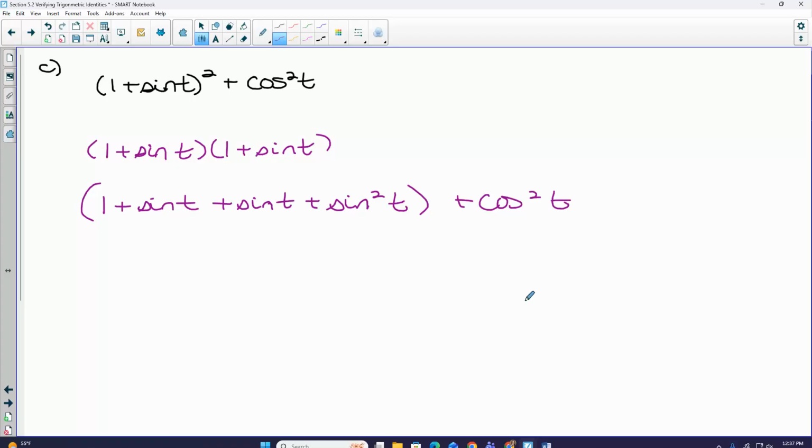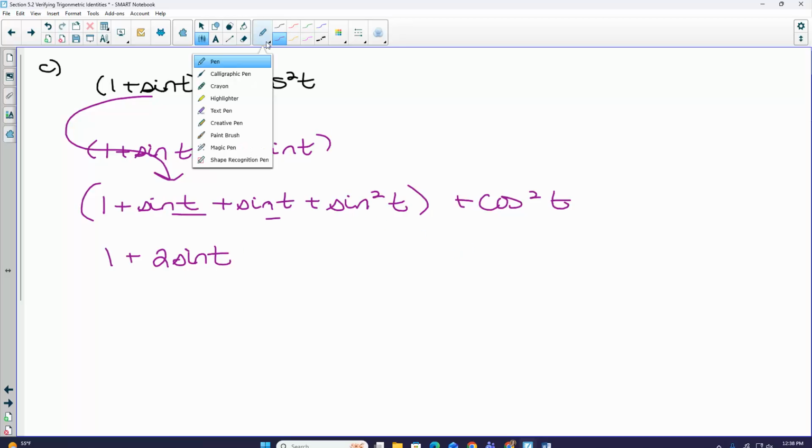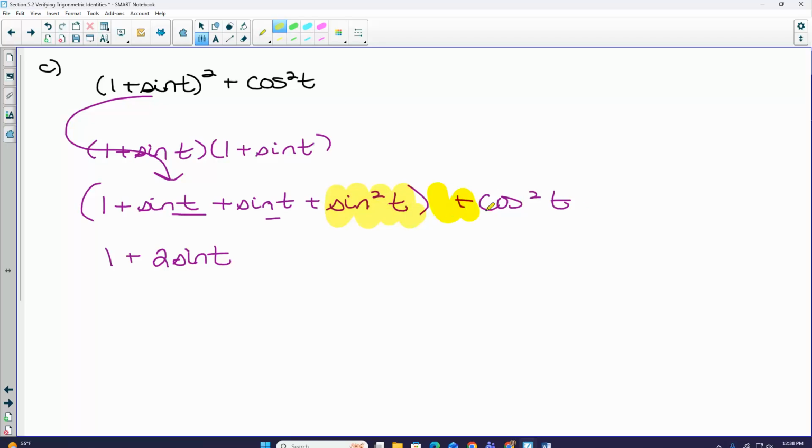You don't need the parentheses there. I just put them to show you this is what I got when I squared that expression. If I combine like terms, sine t plus sine t, you just add the coefficients. So 1 plus 1 would be 2 sine t. You notice we're adding, and if we're adding, we can add in any order. What is sine squared t plus cosine squared t?